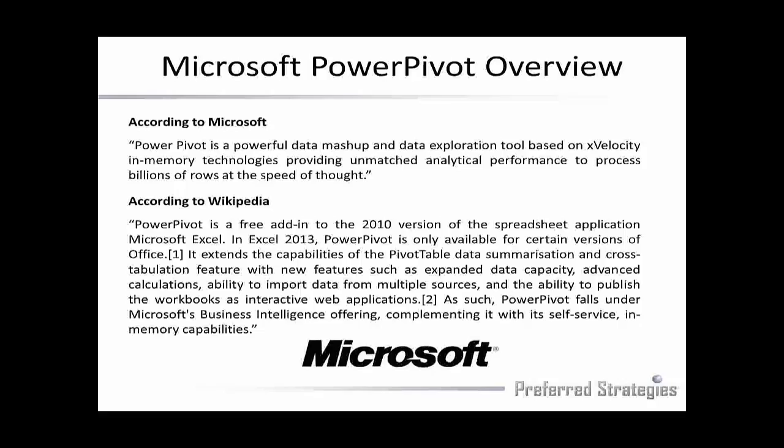So in a nutshell, Power Pivot, as it states there, is a plugin. It's downloadable for free with Office 2010, and in 2013 it's actually part of the build. When you load up Excel 2013, all you have to do is enable the add-in. Behind it, it's kind of a back-end little engine. You'll see it when we get into the demo, where you can connect it to a variety of different data sources.